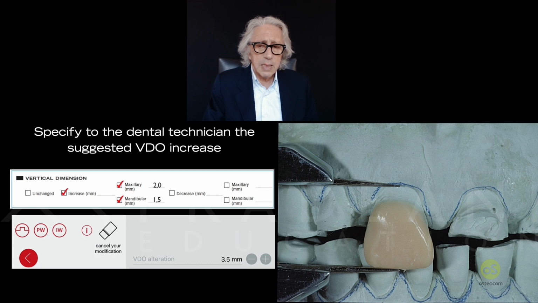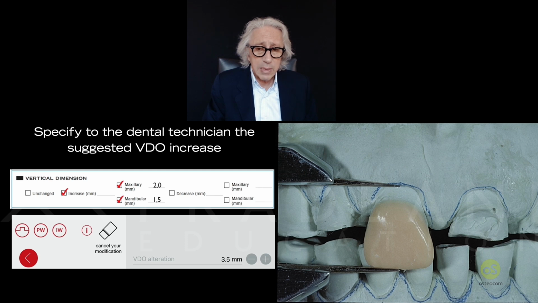We could see that we have already written in our lab chart the increased vertical dimension, how much maxillary, how much mandibular, which, of course, should be specified and not invented by the technician, who does not have the patient in front of him. So you should say you have to increase the length of the lowers by 1.5, and then you can add 2 millimeters on the lingual, on the palatal concavity of the upper teeth.